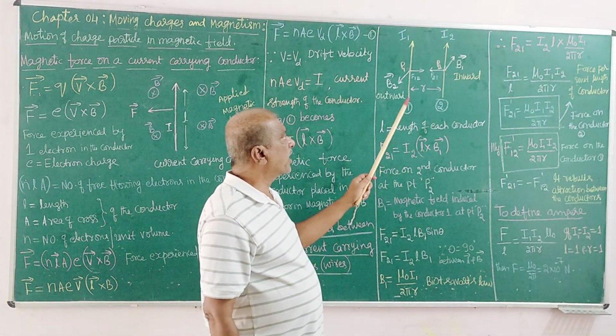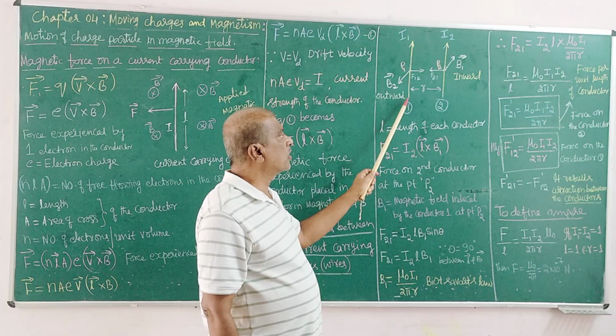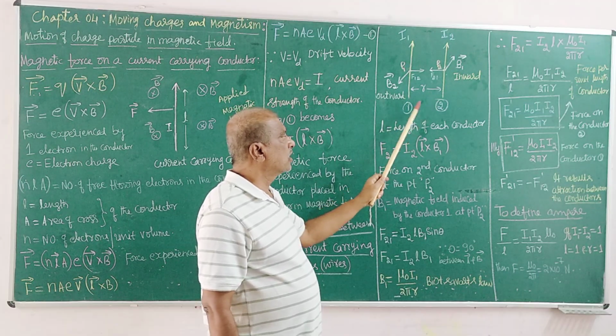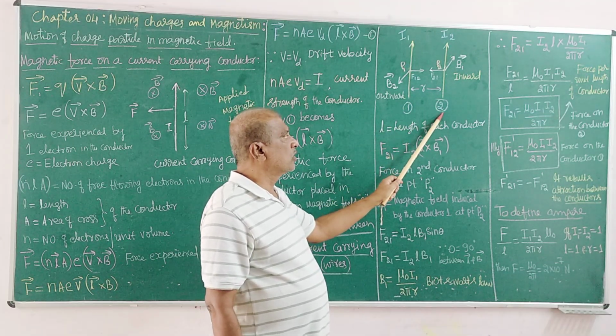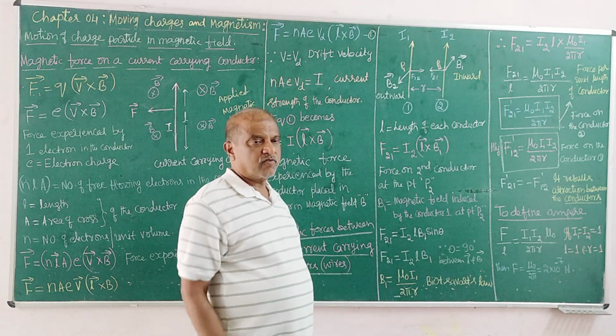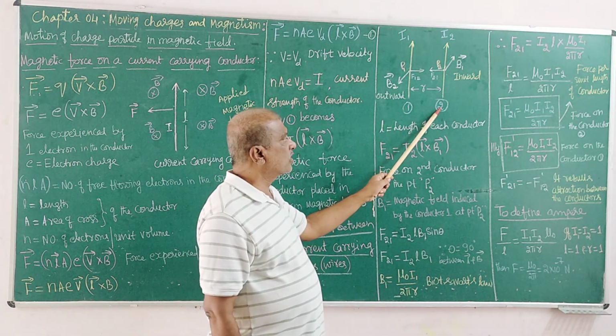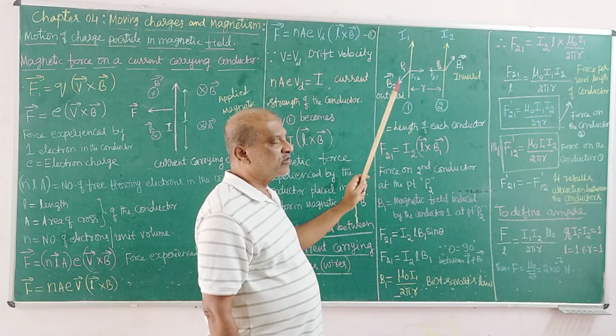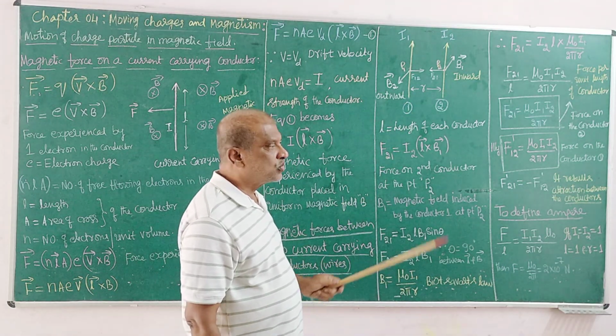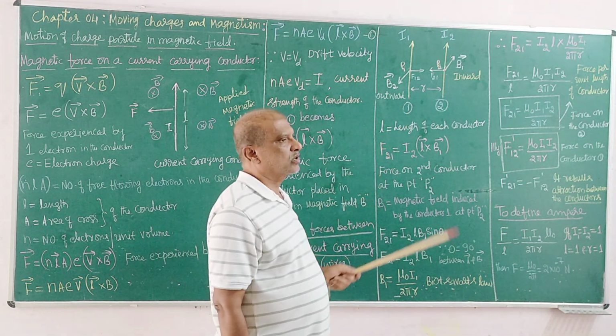There are current carrying conductors. How many are there? There are two current carrying conductors, conductor 1 and conductor 2, and no applied magnetic field. However, magnetic fields are induced by themselves.